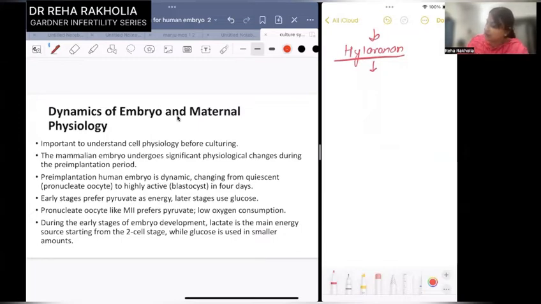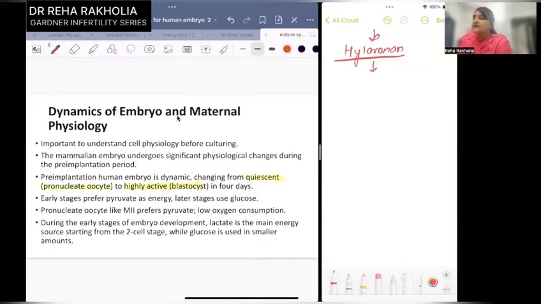Now we'll talk about embryo and maternal physiology. It's important to understand cell physiology, because there are energy preferences in the pre-compaction cells and post-compaction cells. The pre-implantation human embryo is dynamic, changing from the quiescent pronucleated oocyte to a highly active blastocyst in 4 days.